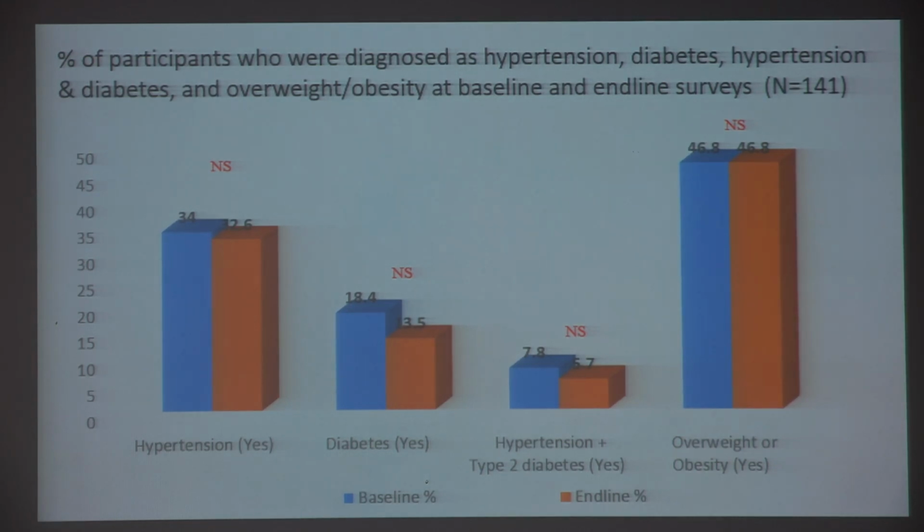Blue is before the first health checkup, and orange is the second health checkup after 6 months. As you can see, there is slight improvement, a reduced percentage of hypertension and a little bit reduced percentage of diabetes. However, this reduction was not statistically significant after 6 months.